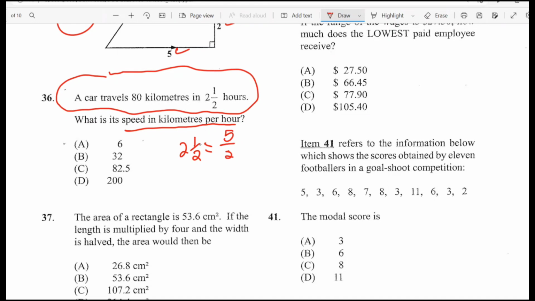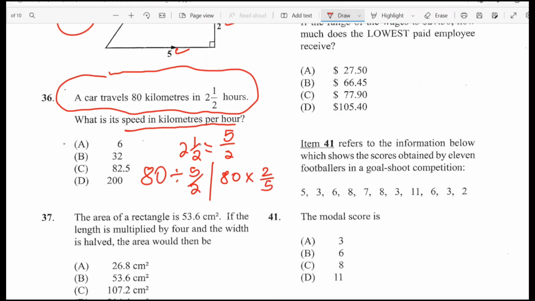So it simply means then, if I want to know the speed of this, I want to divide this 80 by 5 over 2, which means that I will actually, in the end, multiply 80 by 2 over 5.